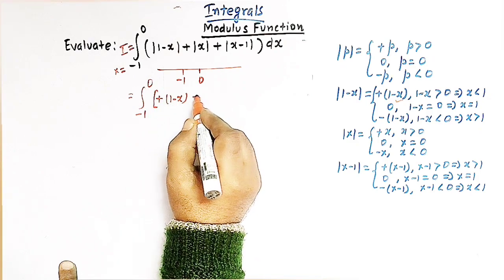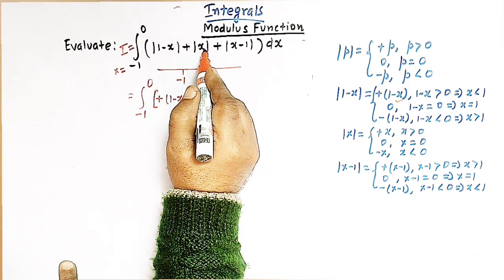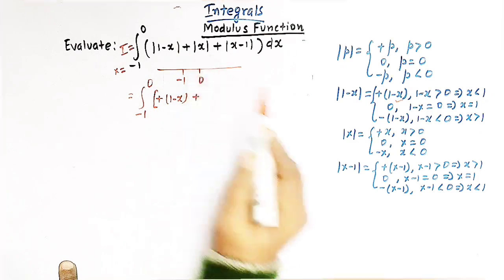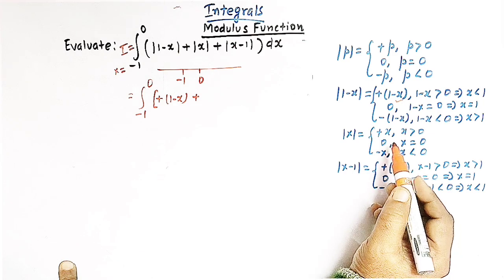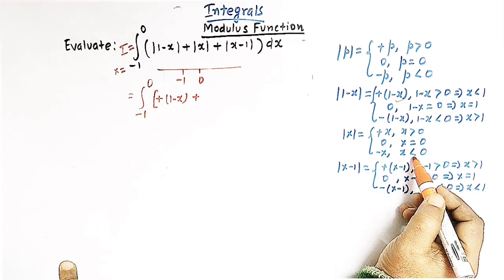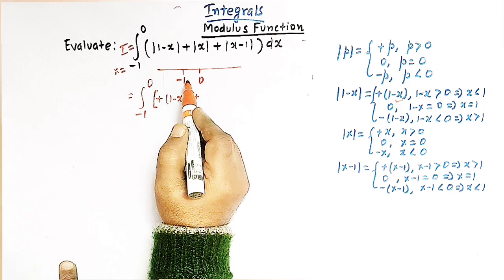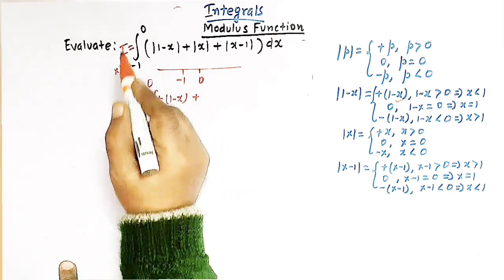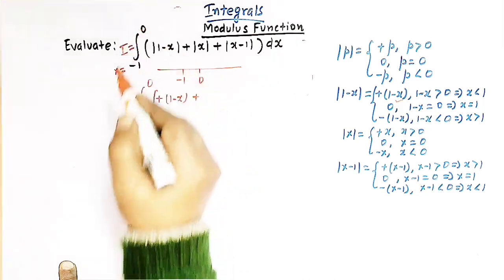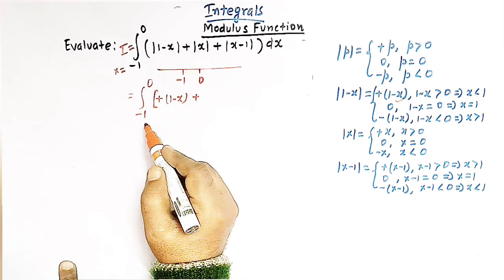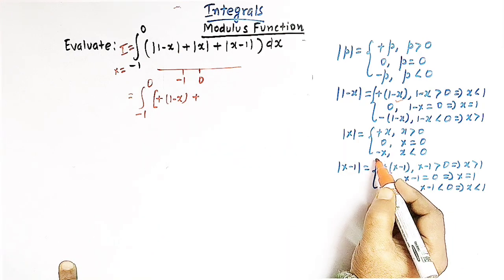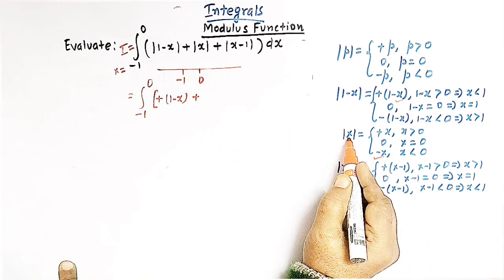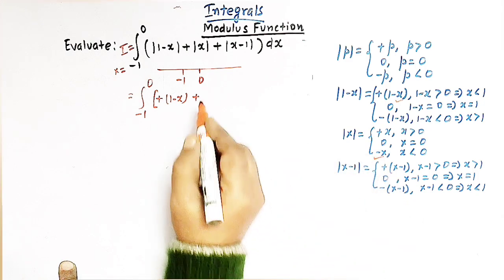Okay, now here we have mod of x, and mod of x is equal to negative x when x is less than 0. And here all the x which lie in the interval -1 to 0 are less than 0, right? So here we can replace mod of x by negative x.